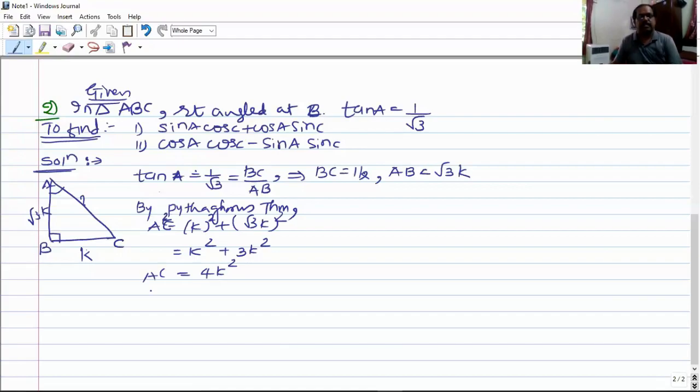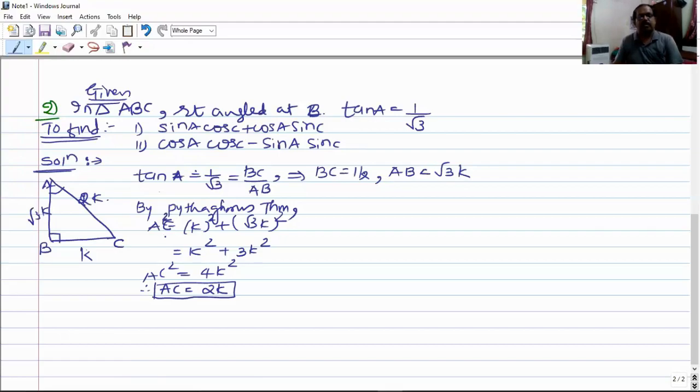So how much is AC? AC will be equal to 2k, right? The square root of 4k square will be plus or minus 2k, but since AC is the length of a side and length of a side will never be negative, we consider only the positive value. So we got the value of AC as 2k. So I can write here AC equals 2k.